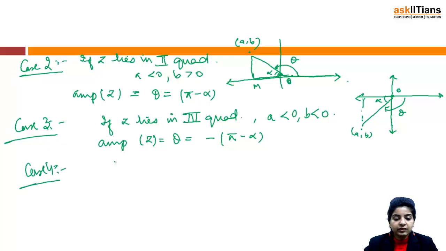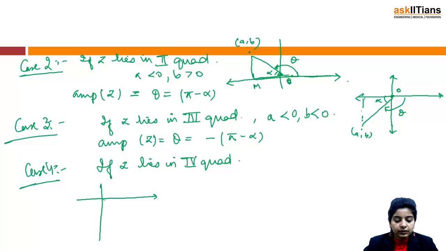Next is the fourth case, if z lies in the fourth quadrant. In the fourth quadrant, the situation would be this. This is my z, that is AB. This is my origin, x-axis, and this would be my theta.